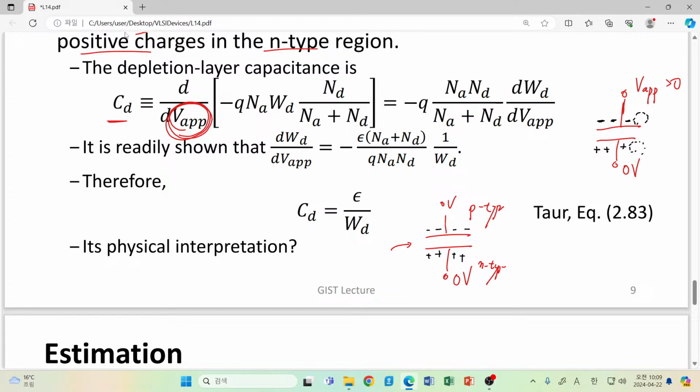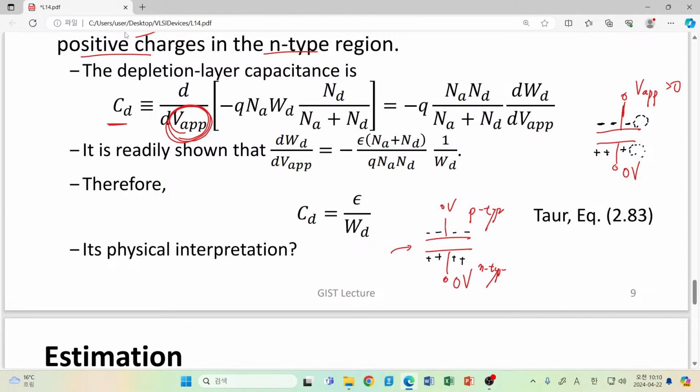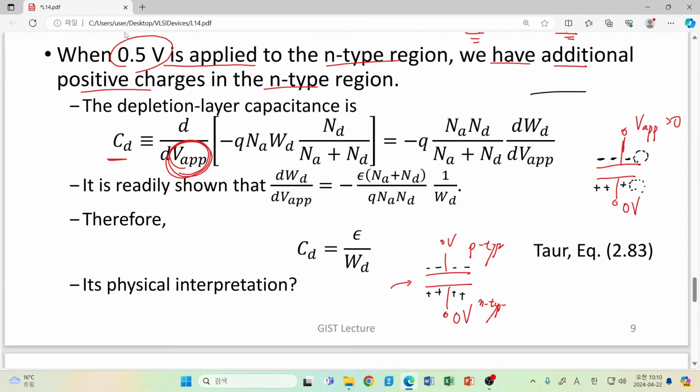So now please try to estimate the dq and dv. What is dq in this case? This q is the charge collected in the p-type region. Then we had 4 different negative symbols, and now we have 3 different negative symbols.